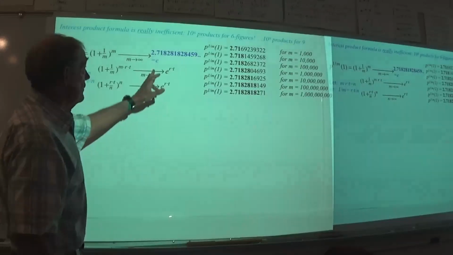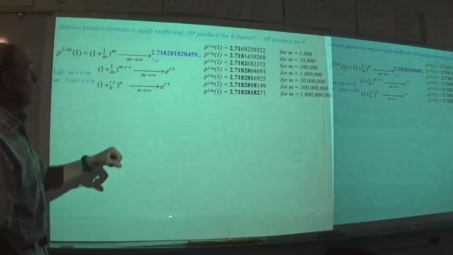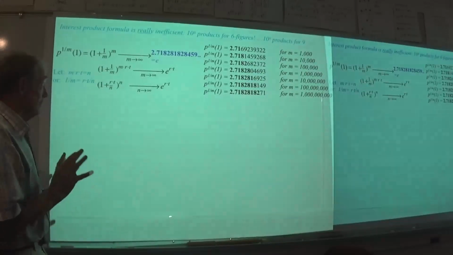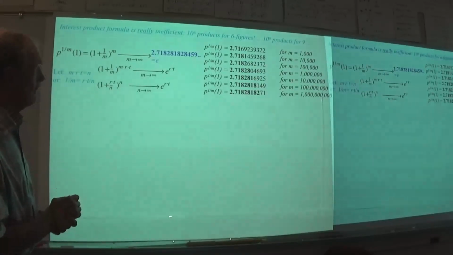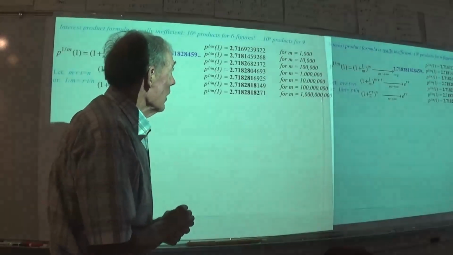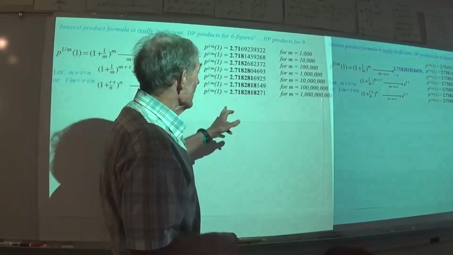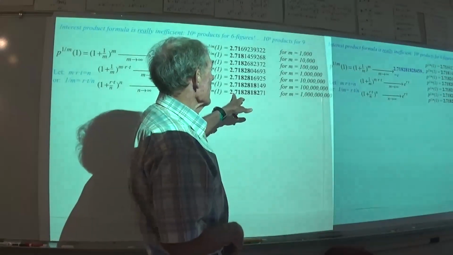And that's the number we're approaching there. The idea is we're taking this m to infinity. This is a limit that is really important for all kinds of things, and it's the natural growth function that we're going to be developing, both real and imaginary.